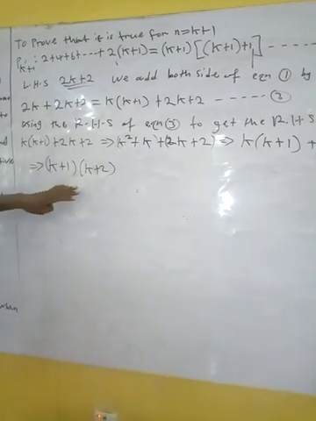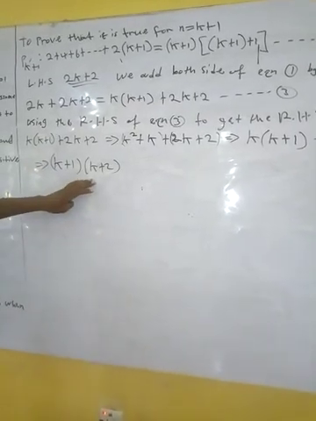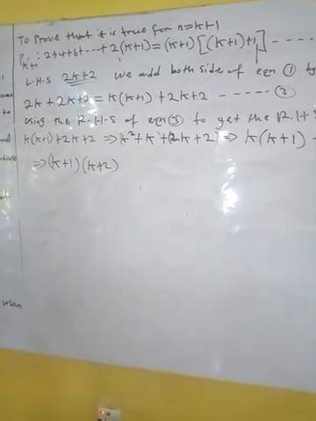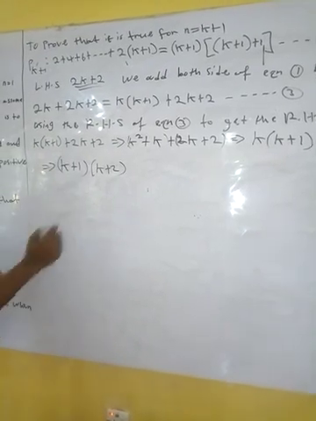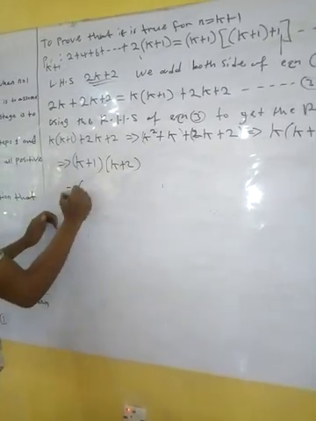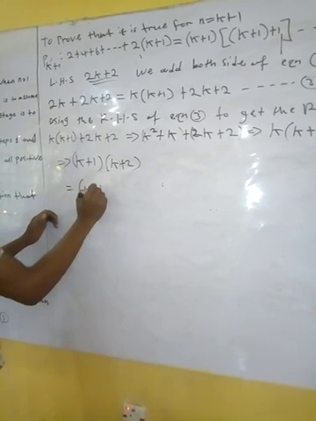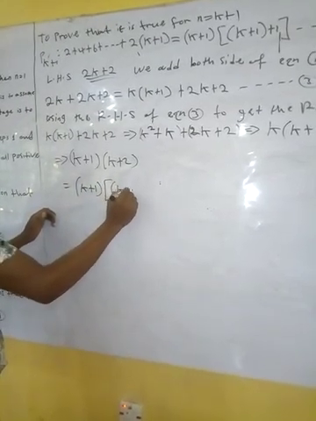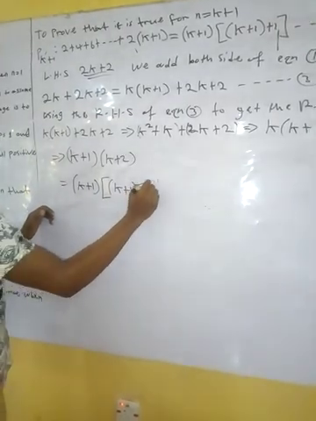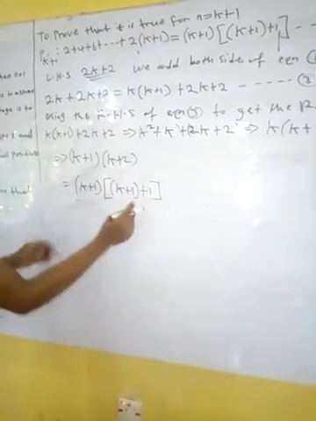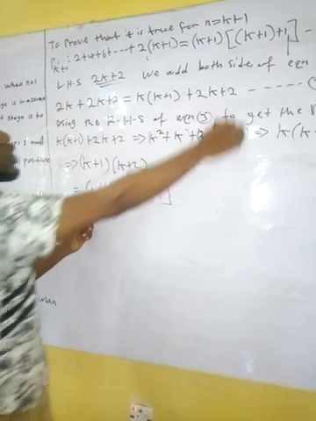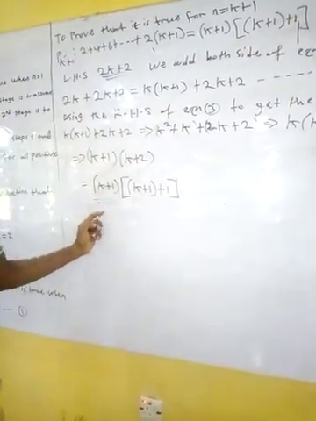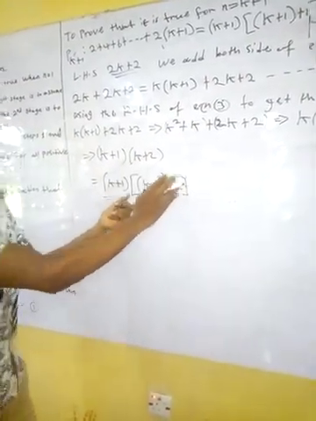If you arrange this, we get the right hand side of equation 2. This is the same thing as k plus 1 bracket k plus 1 plus 1. You see that we have gotten the right hand side of equation 2. So it holds. We have proved it.